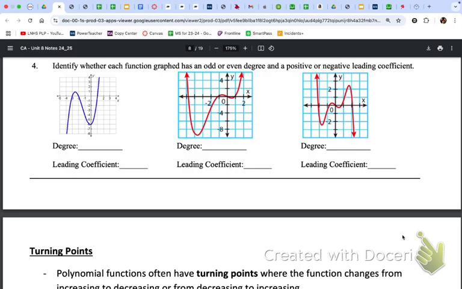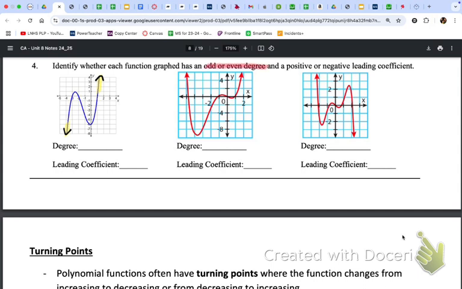You ready? Look at the end behavior. So it is on the left side going towards negative infinity, and on the right side it's going towards positive infinity. So you can see they're going opposite directions. It asks you for, is the degree even or odd?